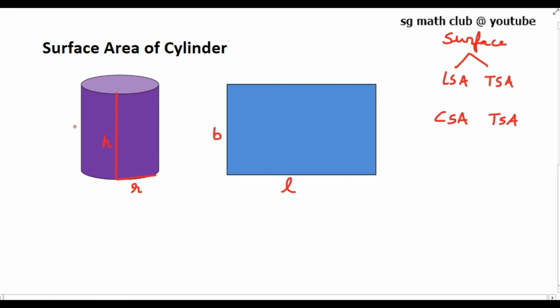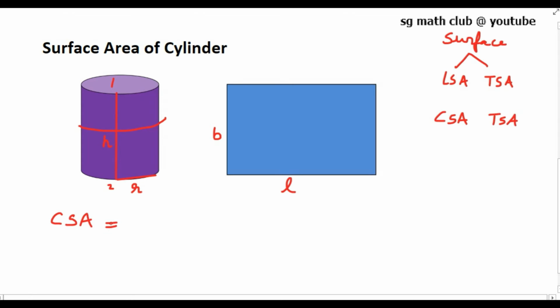Curved surface area means the area of this full curved portion. Total surface area means that along with the curved surface area, you have to add the area of the two bases, upper and lower, these two circular faces, to get the total surface area of the cylinder. So let us first find the curved surface area of the cylinder.